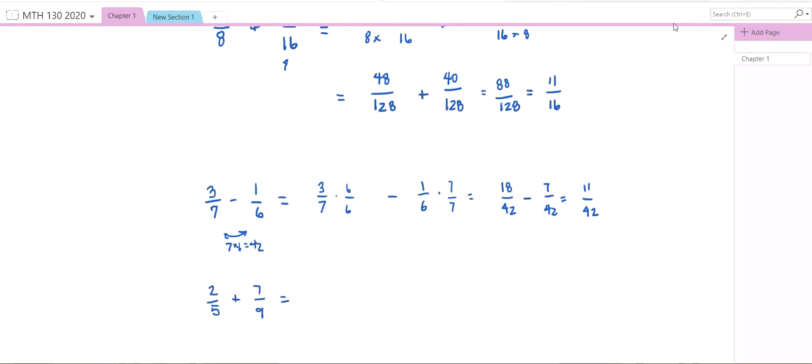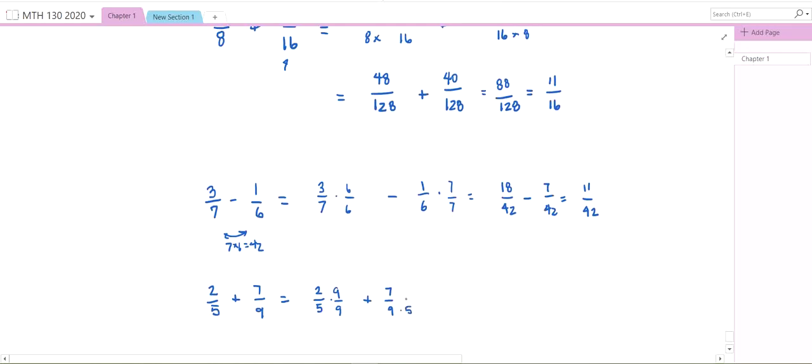Okay, let's try another. 2/5 plus 7/9. Our common denominator is 5 times 9, or 45. So 2/5 times, to make the denominator 45, I've got to multiply it by 9, which means I have to multiply the numerator by 9 here because I'm multiplying this fraction by 1, plus 7/9 over here.